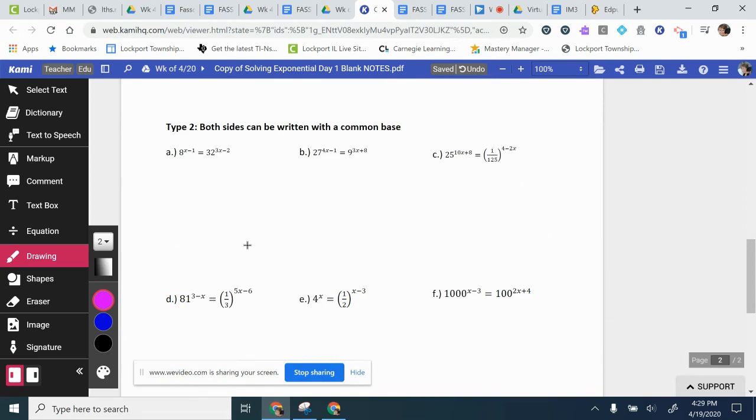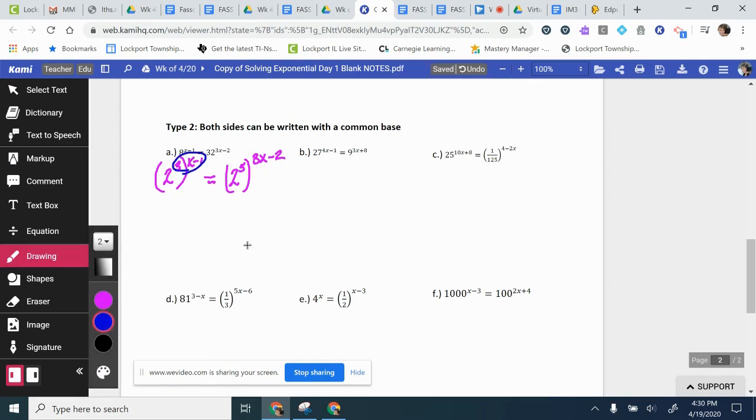All right, let's get this. Now I cannot write base 32 as a power of 8, but I can rethink both 8 and 32 in a smaller base. So I'm rethinking, just like we did in the first problem, 8 as 2 cubed, but that's to the x minus 1, and then 32 is 2 to the 5th, and that's to the 3x minus 2.